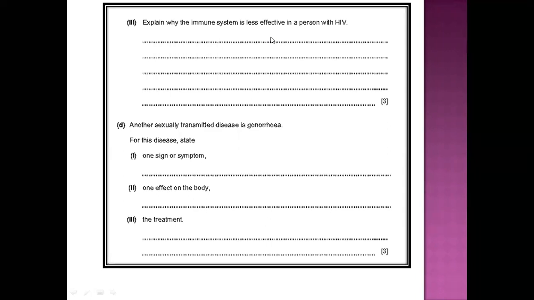And when it is unable to produce antibodies, the process of phagocytosis will decrease. Your immune system will be unable to protect your body from disease, and there will be more chances of getting disease. Any pathogen can attack your body easily. I think it is clear.